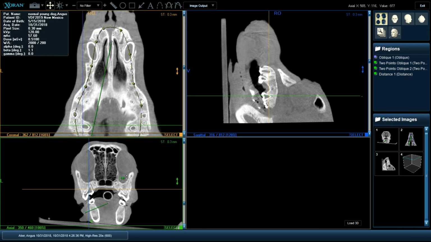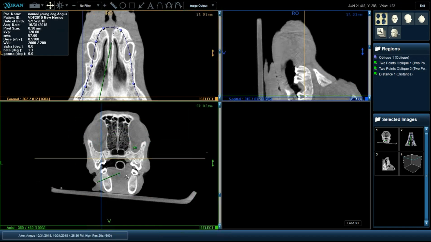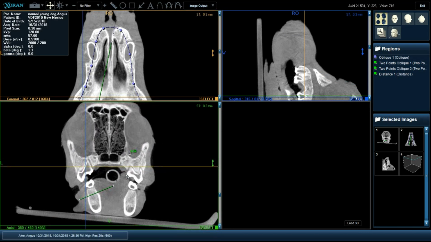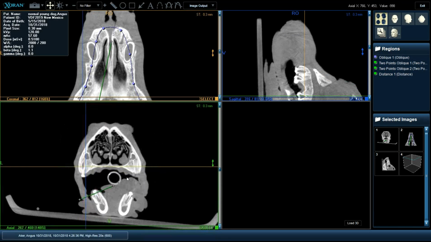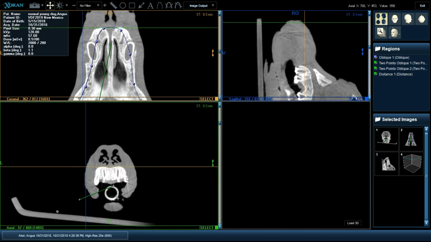I like to travel initially at first when the case comes up on the screen. I like to travel on the axial view and start from the front. And there's several ways to do this, but just quickly, we're going to look at cuts. Remember that these cuts are very thin. In this particular case, they're every 0.3 millimeters.